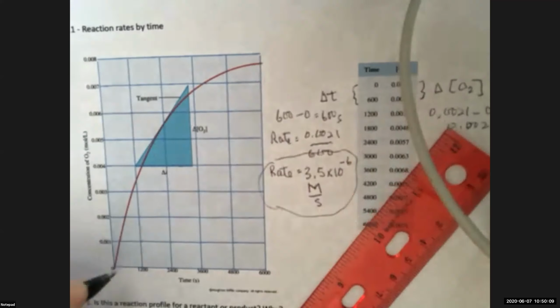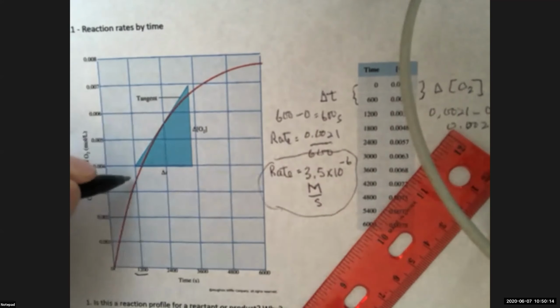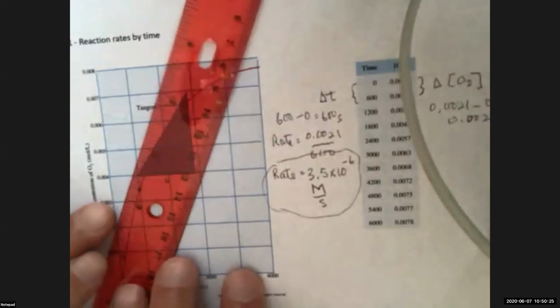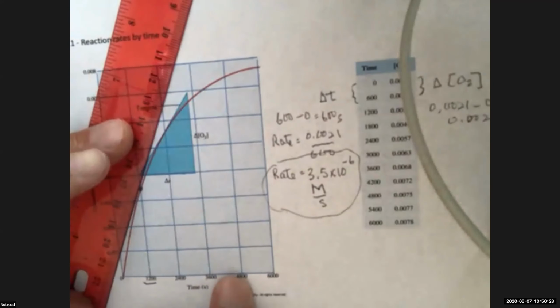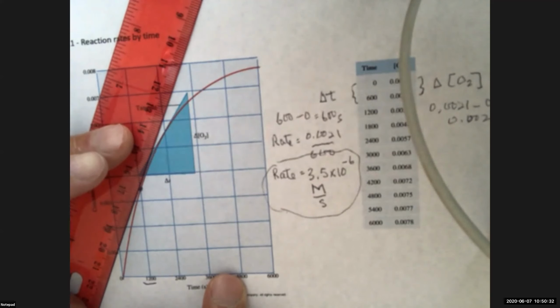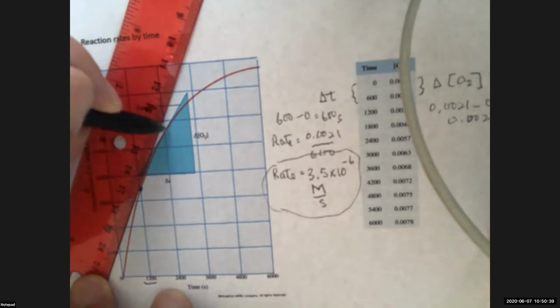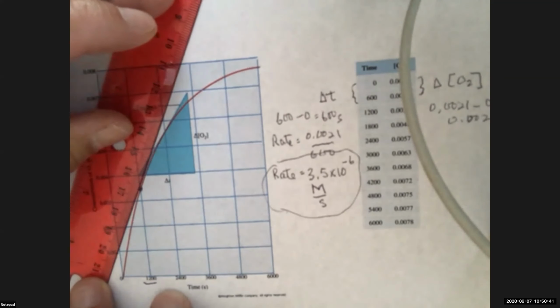So 1200 seconds is right here. I'll put a little mark where we want to calculate the instantaneous rate, right there at 1200 seconds. So I have to draw a tangent. The tangent would be something like this. It's not a perfect tangent, but when I draw the tangent, I look for the space on this side of the curve to be the same as the space on that side of the curve.